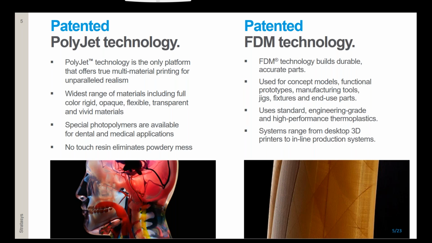Objet, the Israeli company, had a different technology, which was essentially like inkjet printing for 2D on paper, but instead of doing only one layer, you would continually do sequential layers.